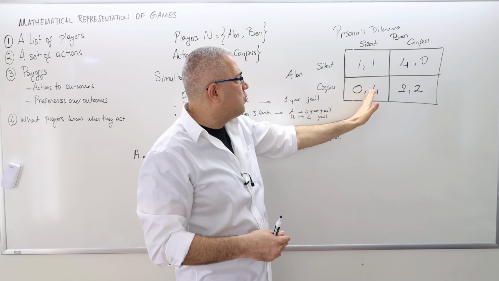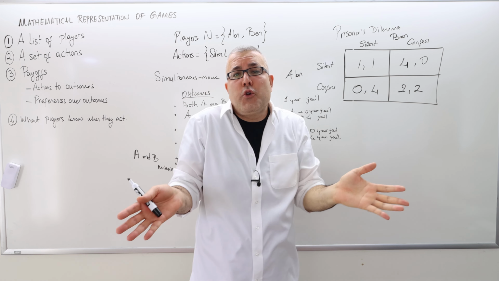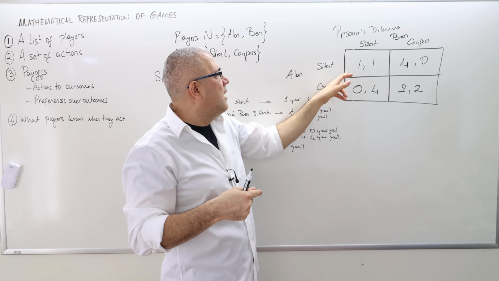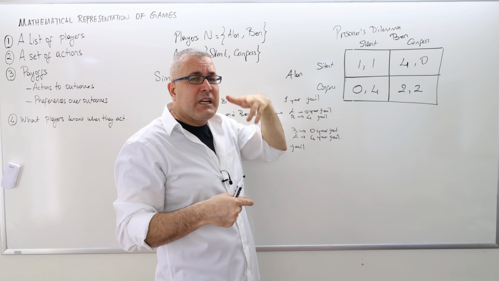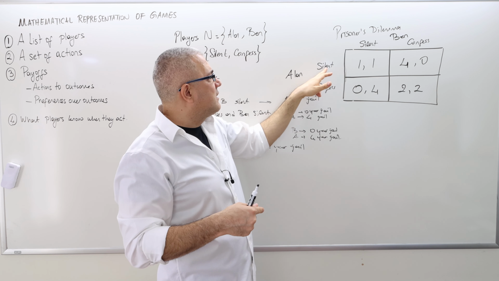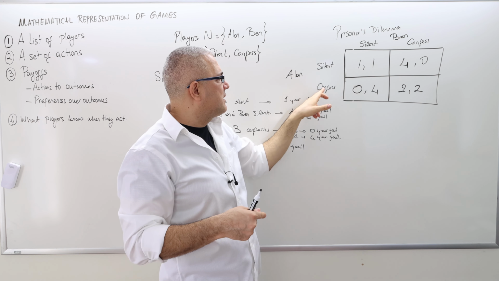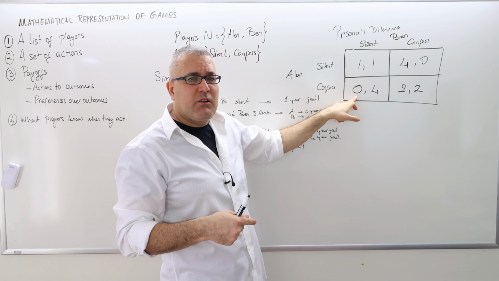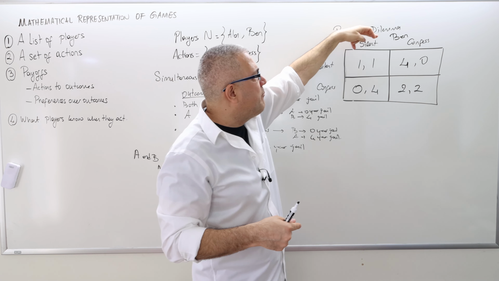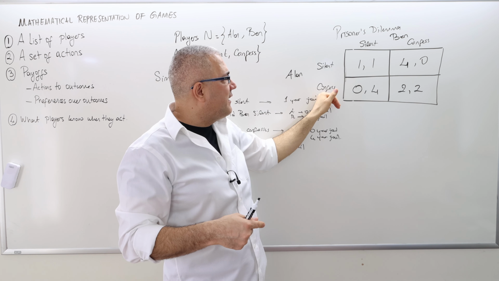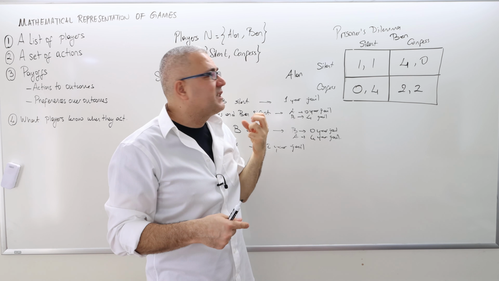It could be this one, it could be this one, you don't know because you're choosing simultaneously. So you're comparing 2 actions. Silent gives me 1 year in jail versus confess gives me 0 years in jail. So when Ben chooses the first column, confess is a better strategy than silent.